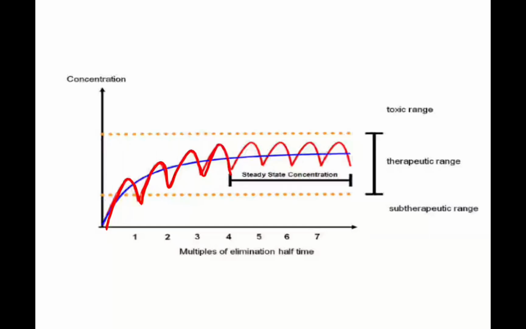So it gets to a point where the rate of drug administration is equal to the rate of metabolism. Administration, metabolism. So at this state, we say we have a what? We have a steady state concentration. A steady state concentration, I would say, is about 4 to 5 what? Half-lives. The multiples of 4 to 5 half-lives. At this place, we achieve what?